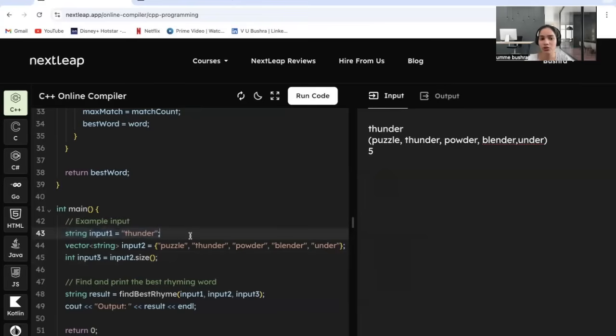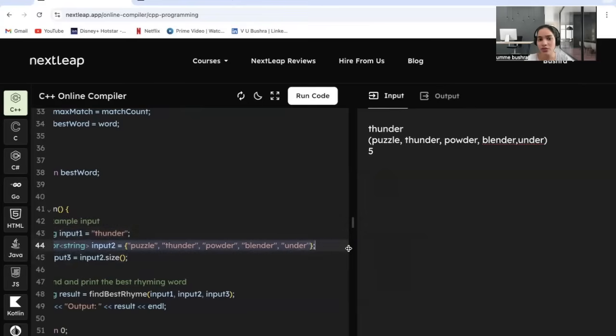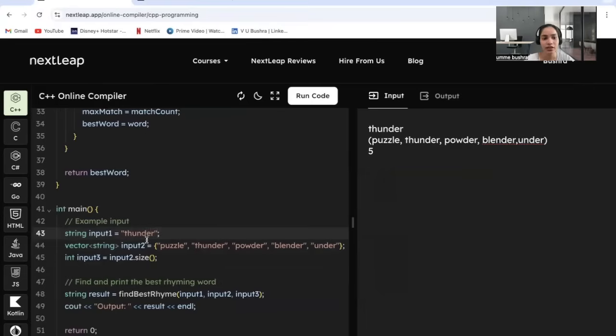Input is the string that your poet has given you. Vector is your dictionary that you have some common letters in. And finally, input 3 is the size of this vector. So what I'm trying to do is store this result like I had already discussed, because you have to return the type string. I'm going to store this function in a string.